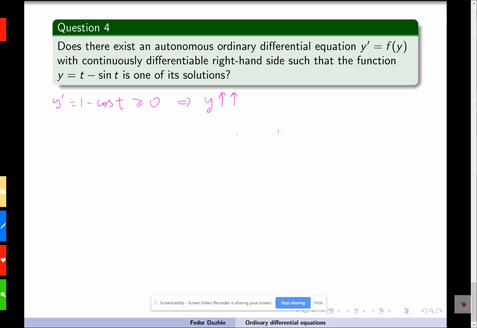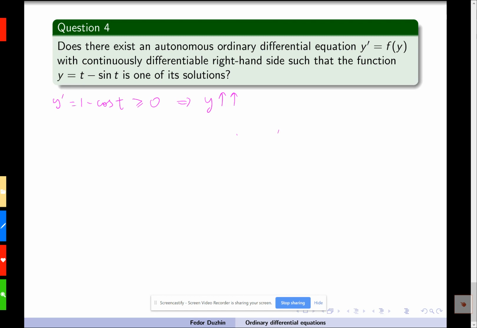And if you remember, we have this criterion: every solution of an autonomous differential equation has to be either increasing or decreasing or constant. So at least that passed. Our function is increasing, so we cannot immediately reject it for obvious reasons. All right, but let us see what else we get.